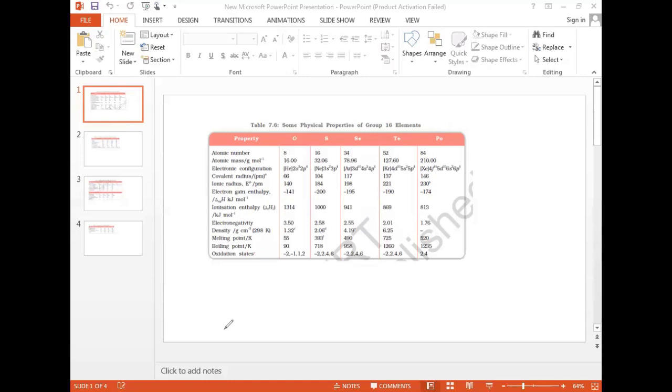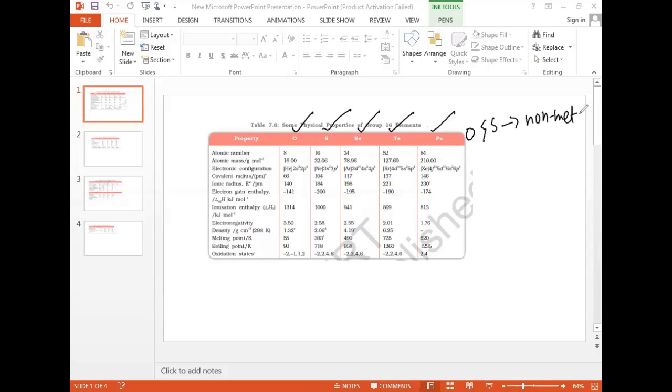What are 16th group elements? Oxygen, sulfur, selenium, tellurium, and polonium. If you see the first two elements, oxygen and sulfur, they both are non-metals.